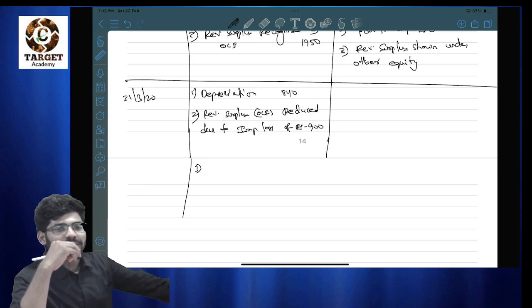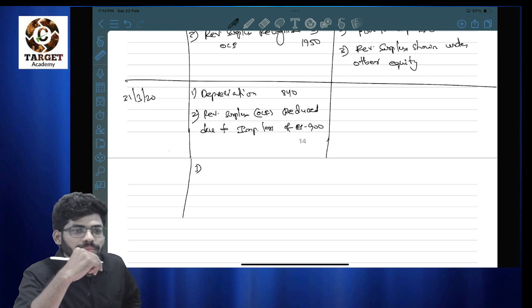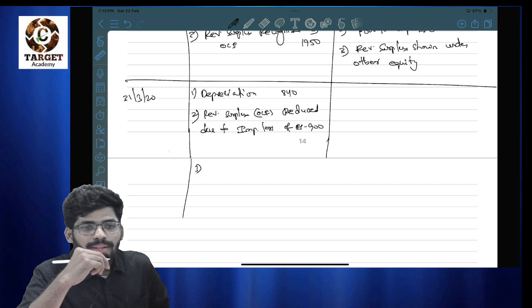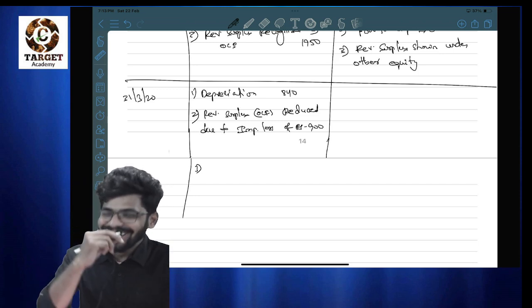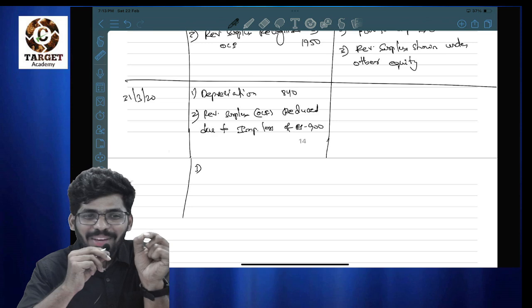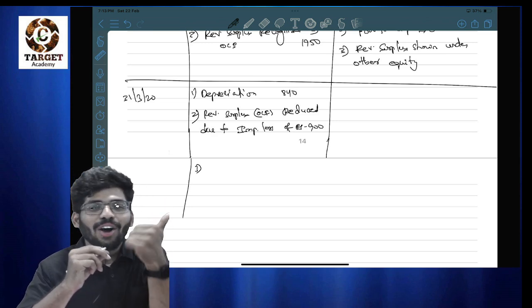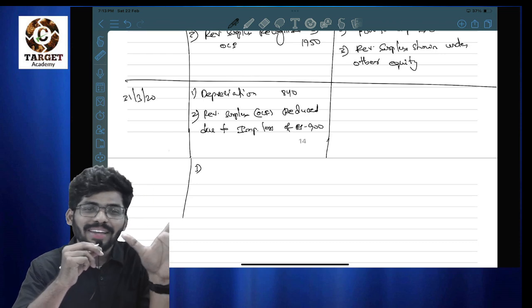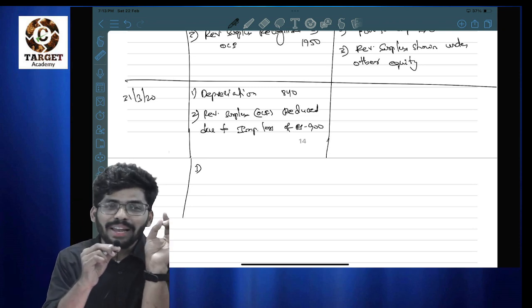What is the calculation? You got my question? Revaluation surplus amount should be transferred to retained earnings. How many years we have? 5 years. How much amount? As of now, our starting balance is 1950.